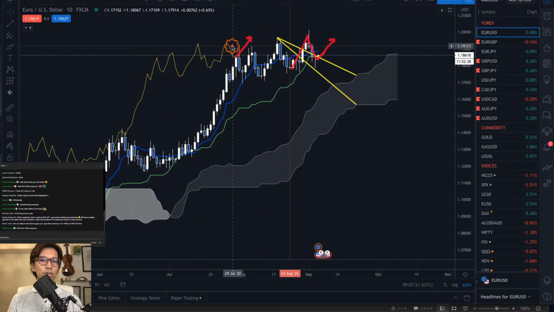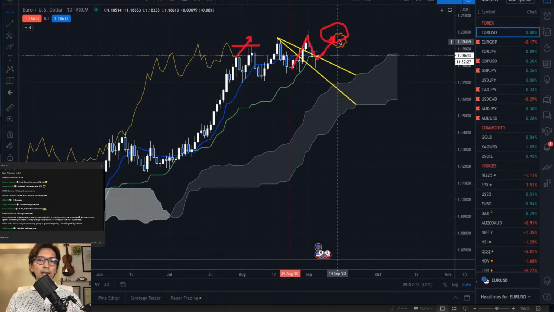So there will be a Chikou span breakout on this level, and then I will start to look for a buy chance, because in this case, it's relatively safer. The chance for the price to keep going up is relatively higher in that case. So that's something that I've been waiting for now.